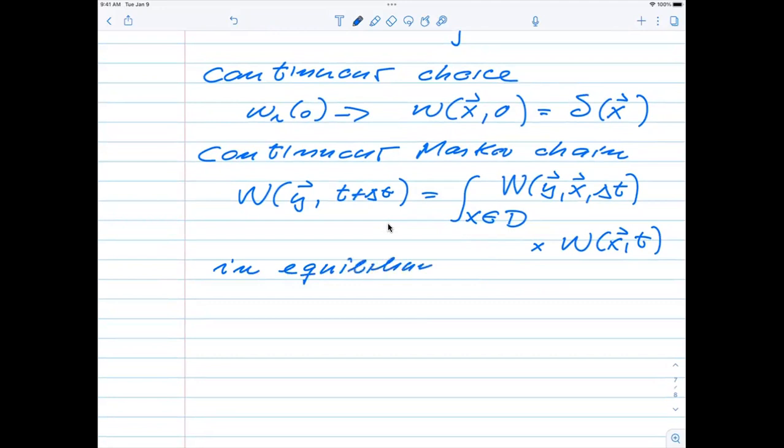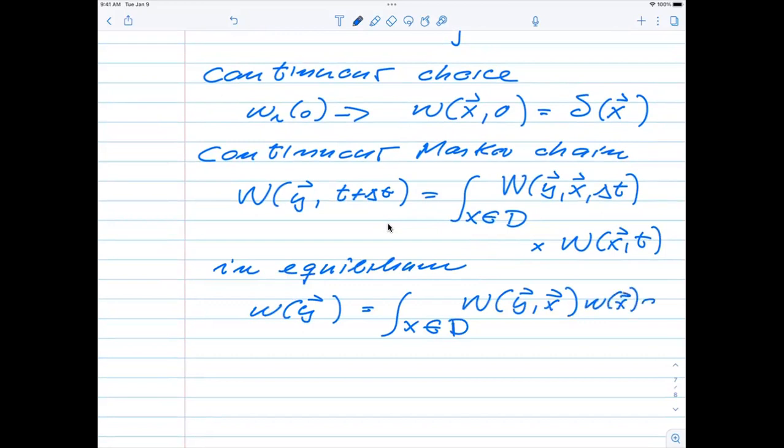So the equilibrium variant here is given by w in a state y, which is given by an integral, and then we have a w and we take away time. So we assume that this transition probability is time independent. And it should also be multiplied with dx here.